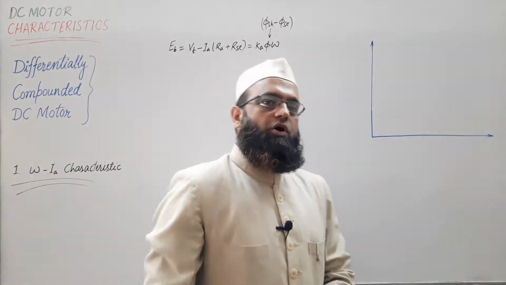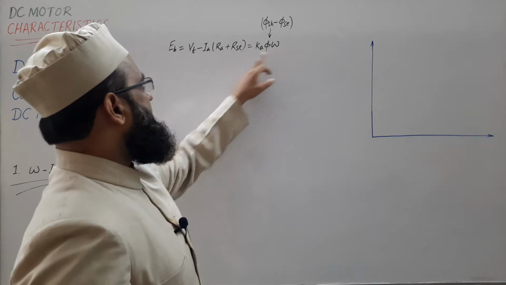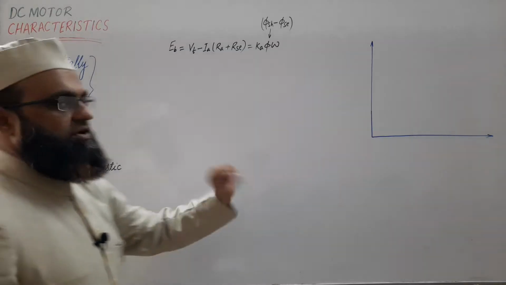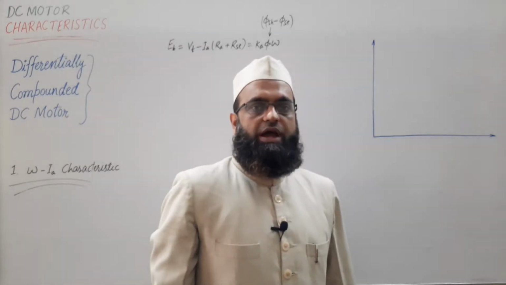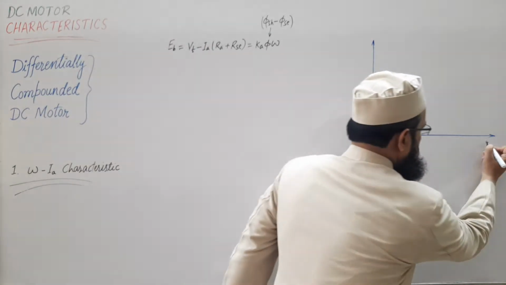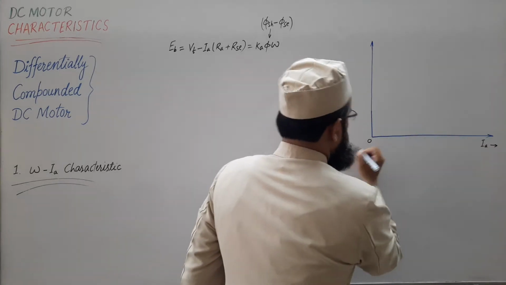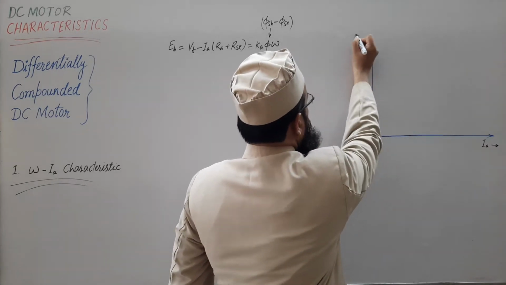If you want to plot speed against armature current, that is the speed versus Ia characteristic, take Ia on one side, here this is the origin, and speed on this axis.